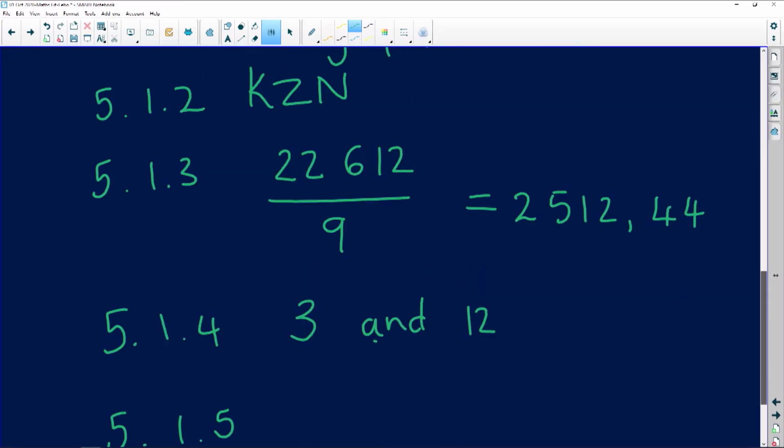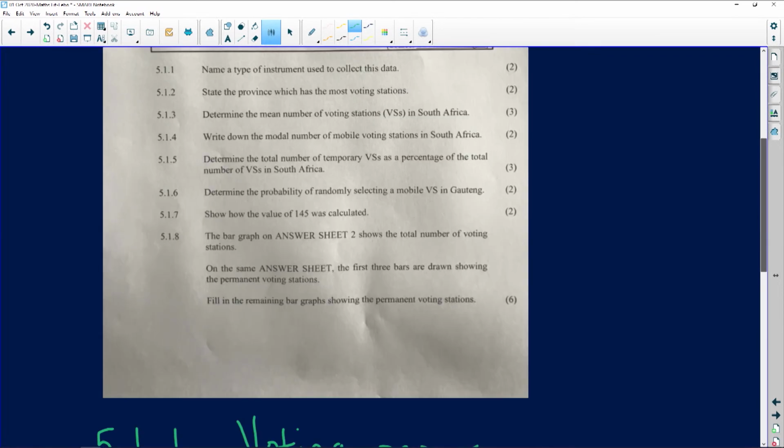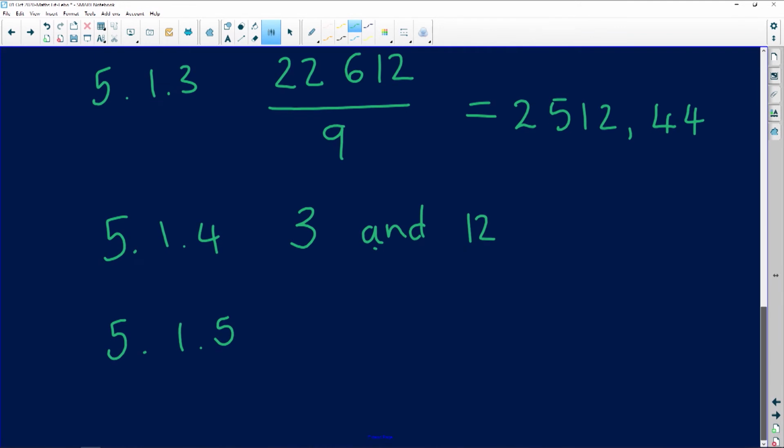So the total number of temporary voting stations is the numerator, out of the total number of voting stations in South Africa. Temporary voting stations is 1,228 out of the total in South Africa, which is 22,000.